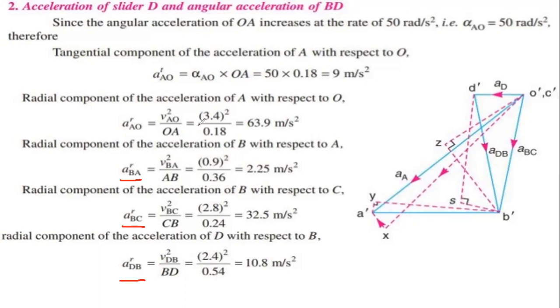So we get the radial component of BA as 2.25 meters per second square. And we get the radial component of BC as 32.5 meters per second square.